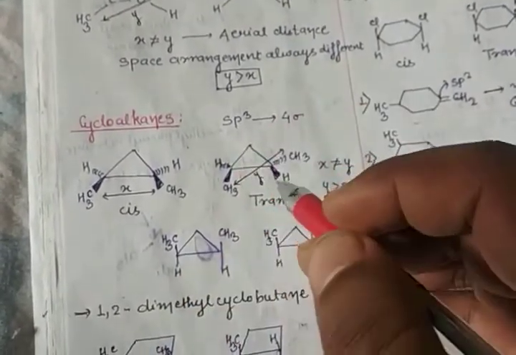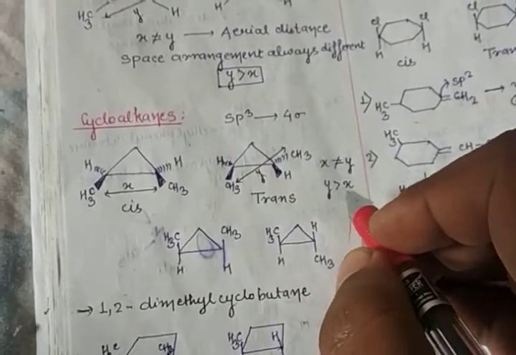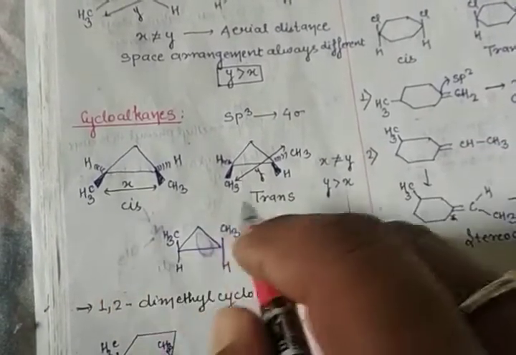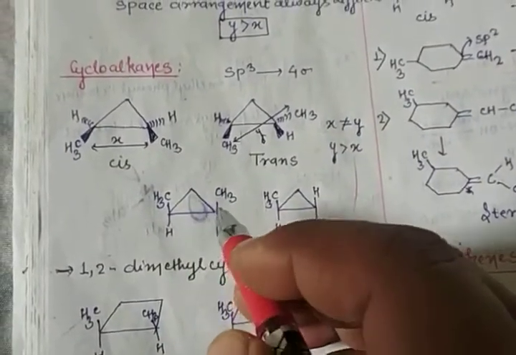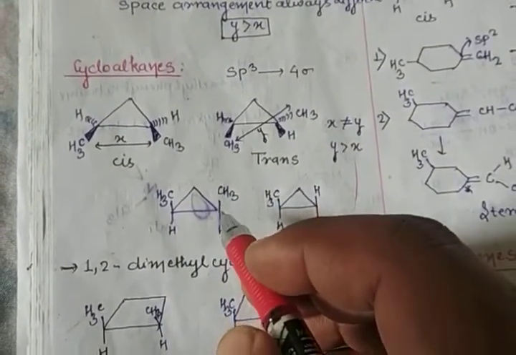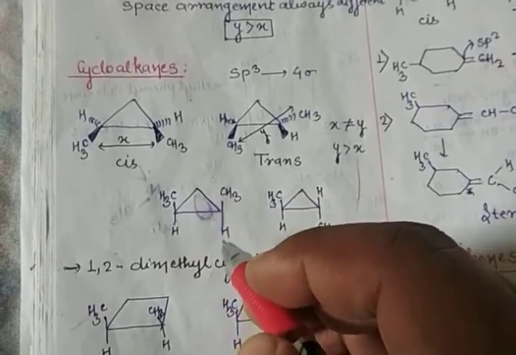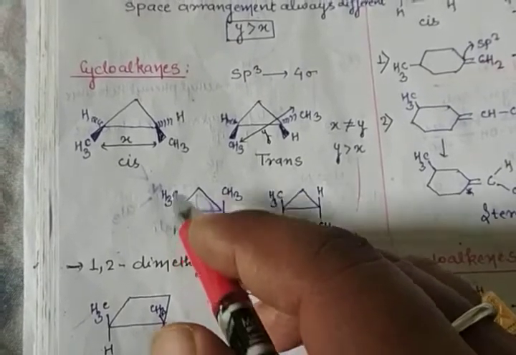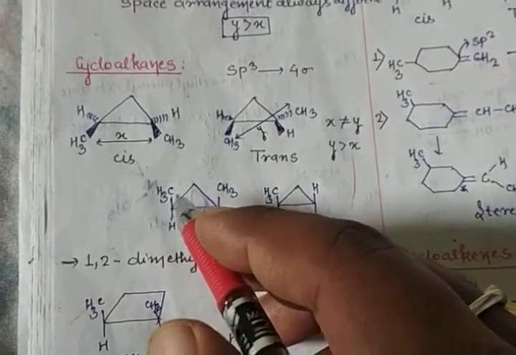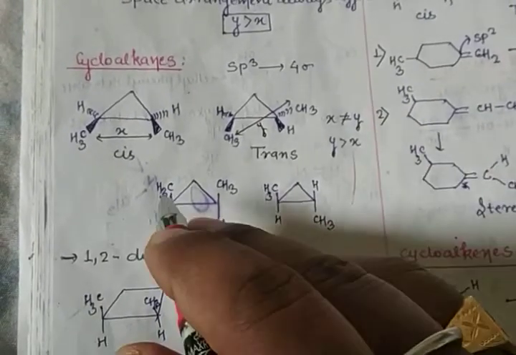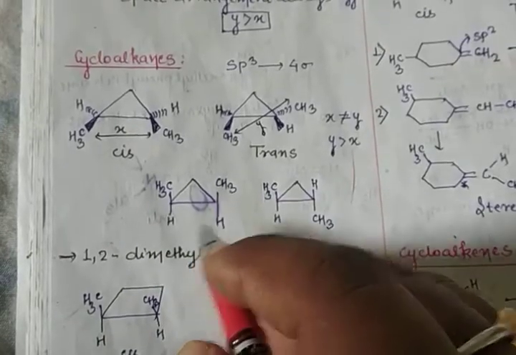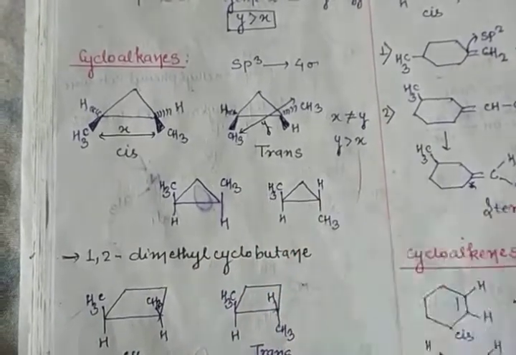The space arrangement is always different, so y is always greater than x. So this is cis and this is trans. You can write it from this method: this means front side, this means back side, on a single solid line. CH3 on the same side means cis, CH3 on opposite sides means trans.